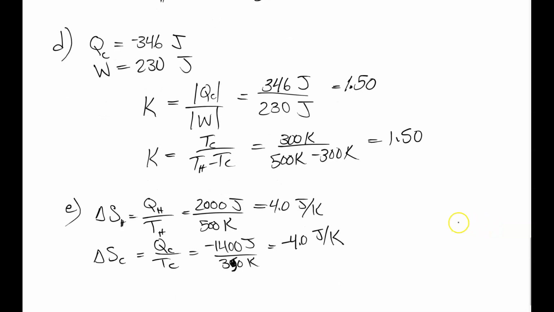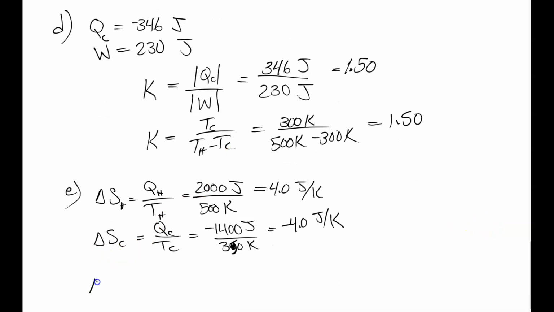So the total change in entropy, delta S, is going to be delta S_H plus delta S_C, and we see that that is 0. In fact, anytime we do a complete cycle, the change in entropy should be 0 at the end.